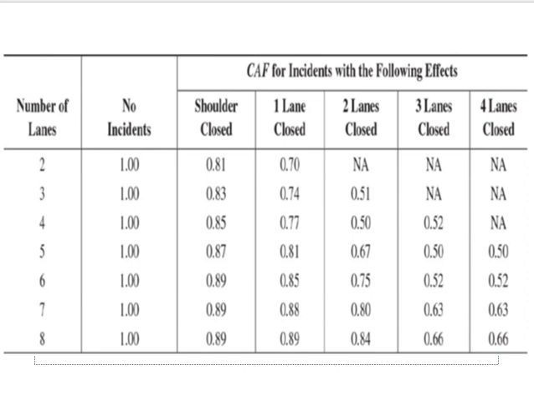Some of the values, you can see, are NA. NA stands for non-applicable. So why are these values not applicable? Why is 4-lane close not applicable?